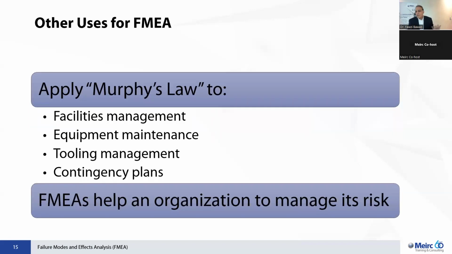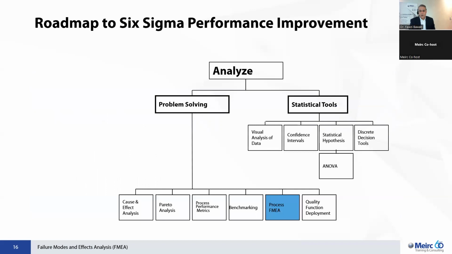Basically, it's Murphy's law, right? If something is going to go wrong, it might as well go wrong. So you're trying to anticipate that and manage the risk by having this structured approach, where you identify the different failure modes and you analyze them.